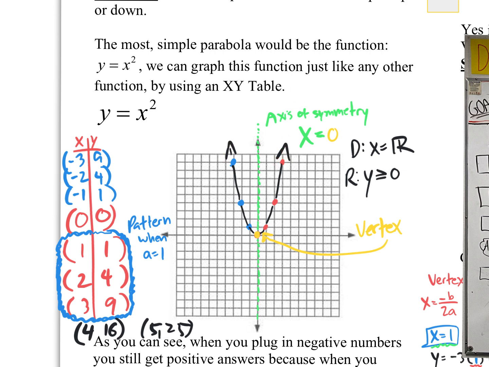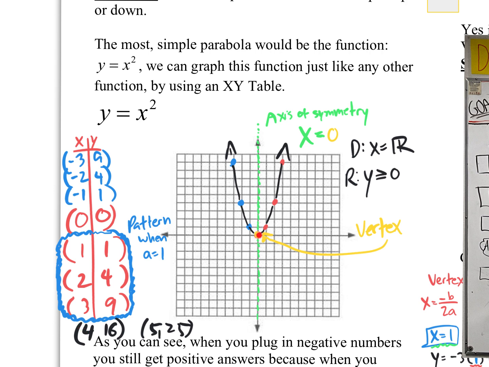Okay, so one other thing that we missed yesterday was that we forgot to state the domain and range of each of these parabolas. Okay, I hope we remember that the domain are your x values and your range are your y values. So like I said, the x values, I stopped at 3 because if I went to 4, it was off the graph. But the bottom line is I could have plugged in 4.